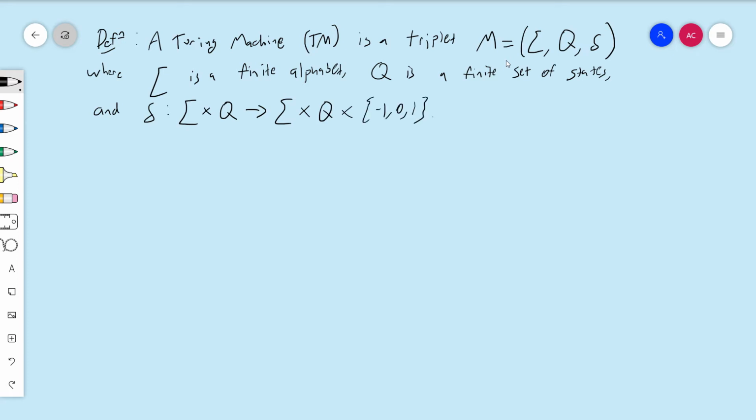There are a few extra things I want to say about what a Turing machine is as a syntactical mathematical object. We're going to require Q equals {Q0, Q1, ..., Qn}, so n things in it. We're always going to imply that Q0 has some special meaning.